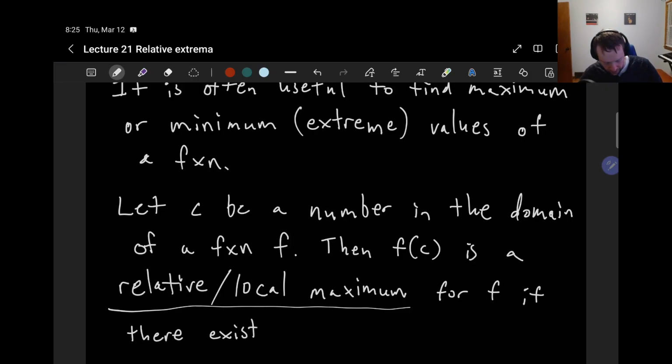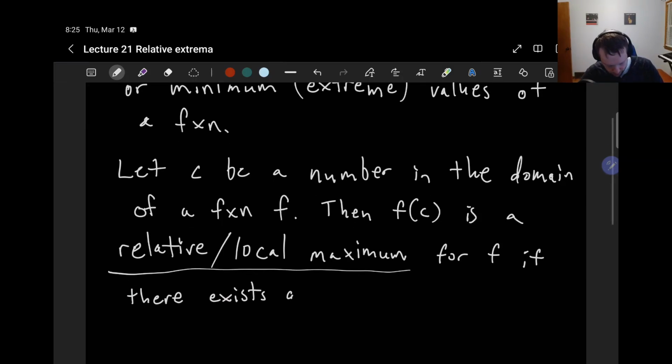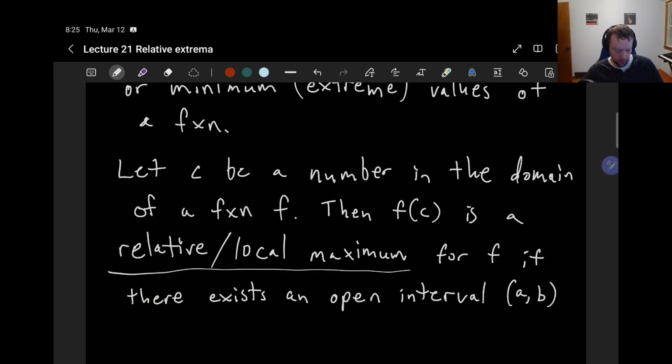If there exists an open interval, so we have an open interval (a, b), which contains that x value c. And so these are x values, and our special x value c is in there.